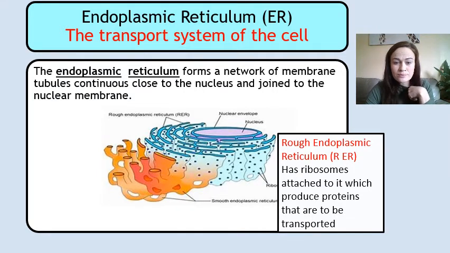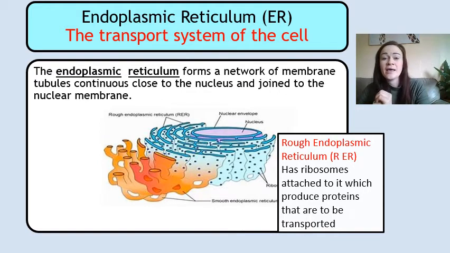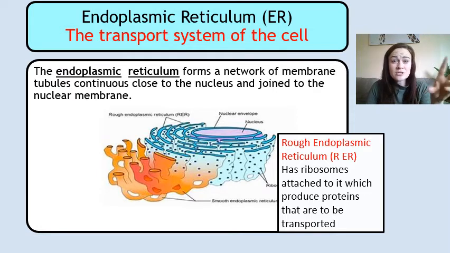Looking at the light blue type just now, this is the rough endoplasmic reticulum, often called RER, and it's got ribosomes attached to it. If you remember, ribosomes are the site of protein synthesis. There are free ribosomes that float freely in the cytoplasm, and there are also some that are attached to the endoplasmic reticulum. And they produce proteins that are to be transported.